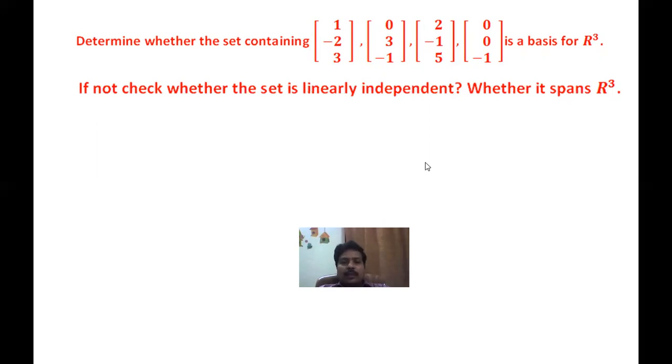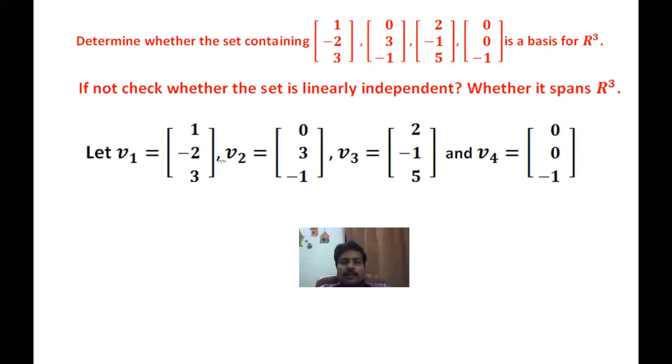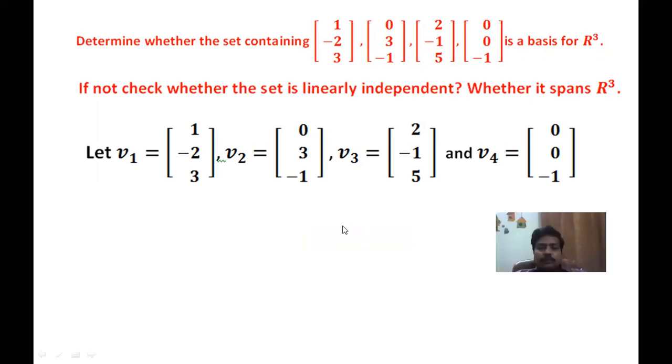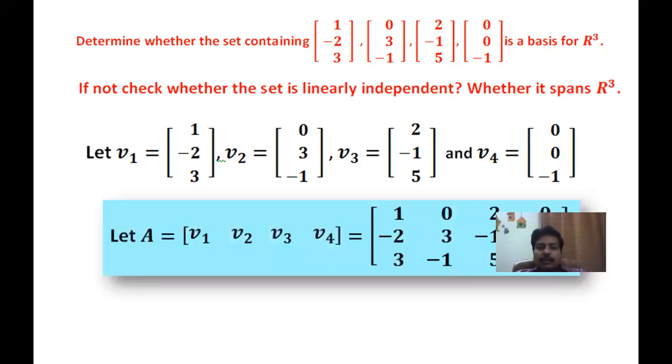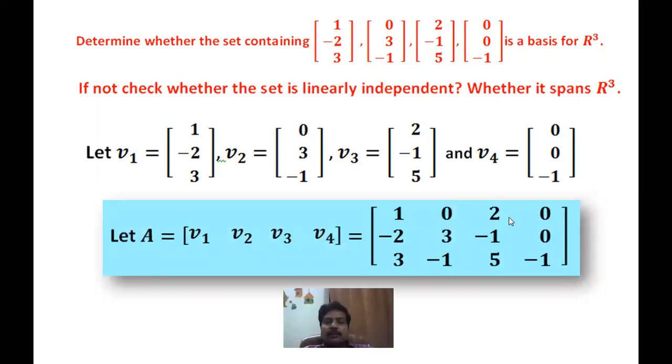Let us prove it further. Let us name these vectors V1, V2, V3, V4. Let us form a matrix using these four vectors. Let A be the matrix of V1, V2, V3, V4.